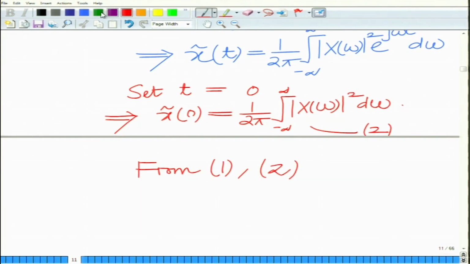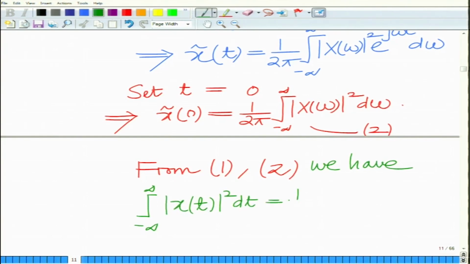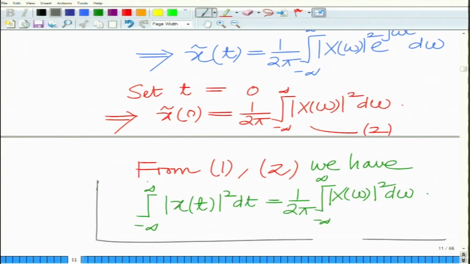So, from 1 and 2 we have basically the energy of the signal, the integral from minus infinity to infinity of magnitude x tau squared d tau, or magnitude x t squared dt, equals 1 over 2 pi integral minus infinity to infinity magnitude x omega squared d omega.